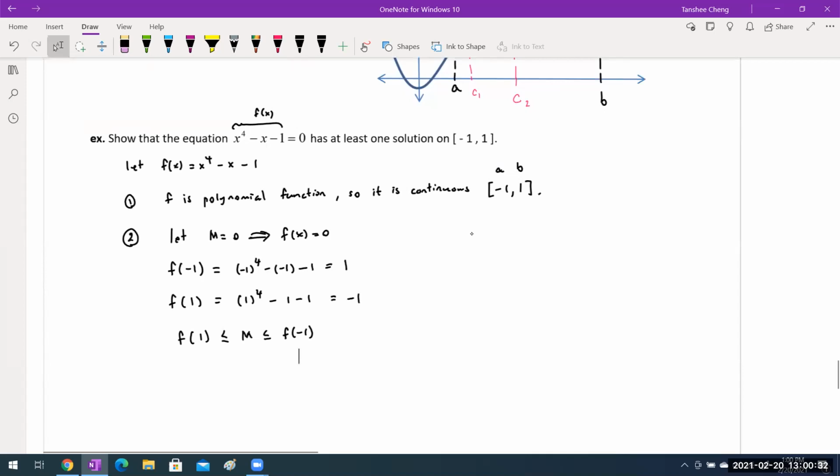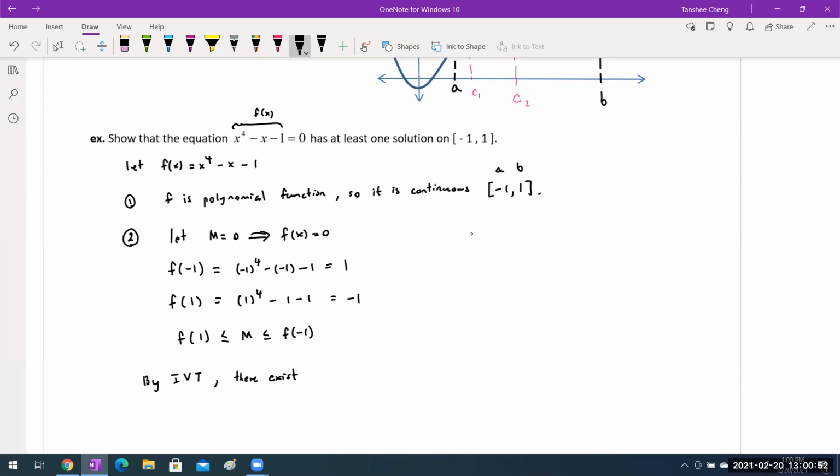Meeting these two criteria, now I can state that by the intermediate value theorem, IVT, there exists, we don't know the solution, but we know the existence.